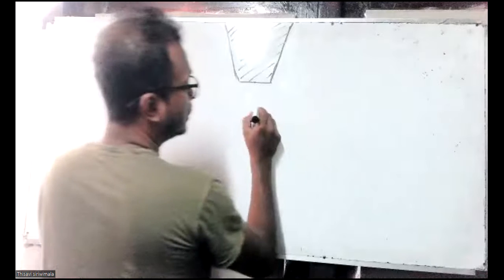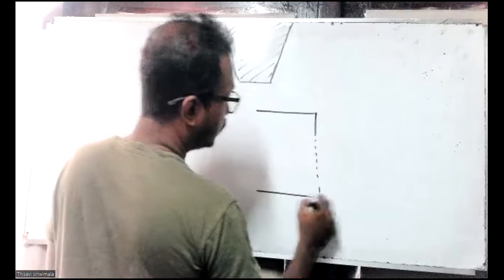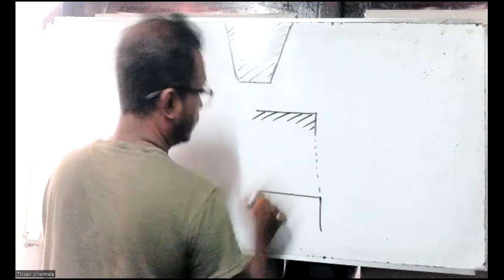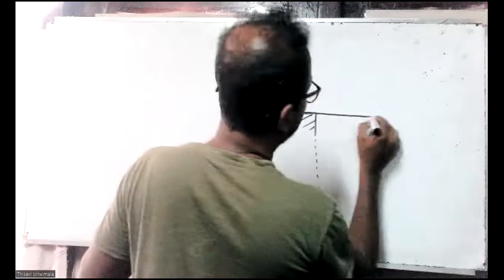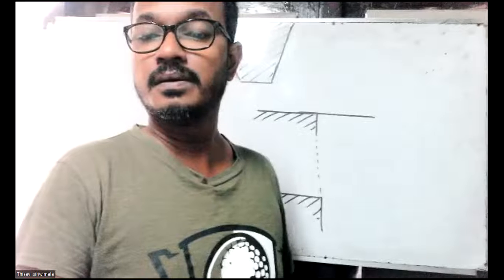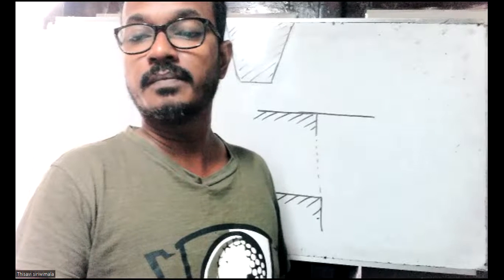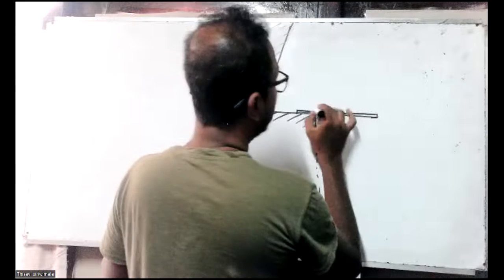So now, these are hacksaw blades which are connected to the table. The first one is with a shorter vibrating length.